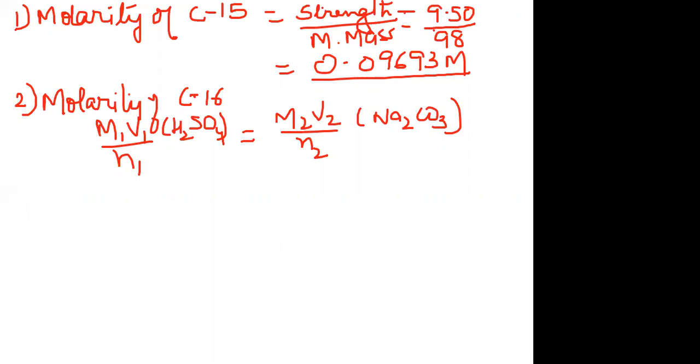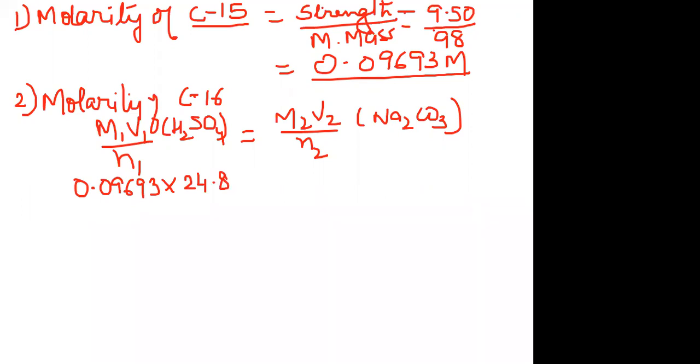The molarity for sulfuric acid we have just calculated, that is C15, is 0.09693, and the volume of sulfuric acid, according to the titer reading in this case, was 24.8. Children, usually the titer reading will not vary much from 25 ml.